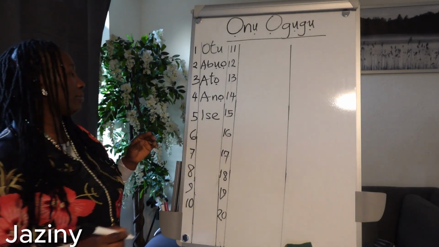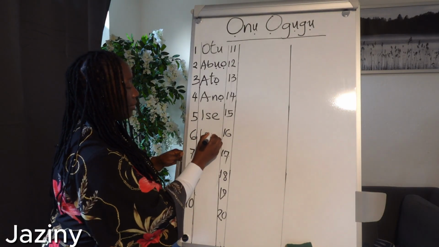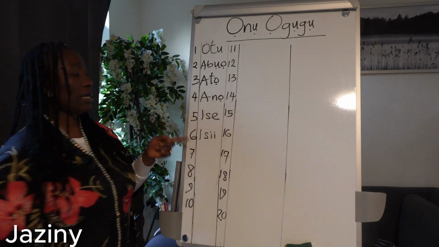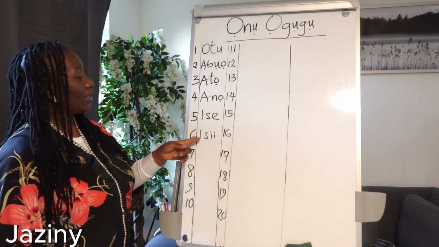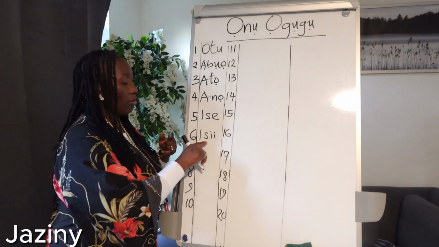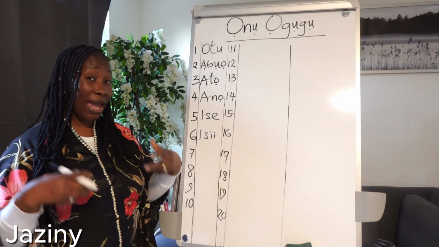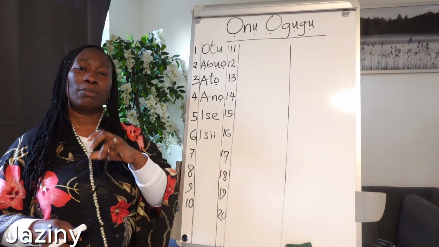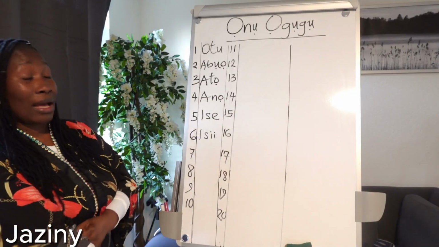6 is Isii. Some people will say Isi, some people will say Isii. But like I told you earlier, I'm going to teach you from where you will not be confused. You have to know the basics before you start going into the different variations of Igbo accents.